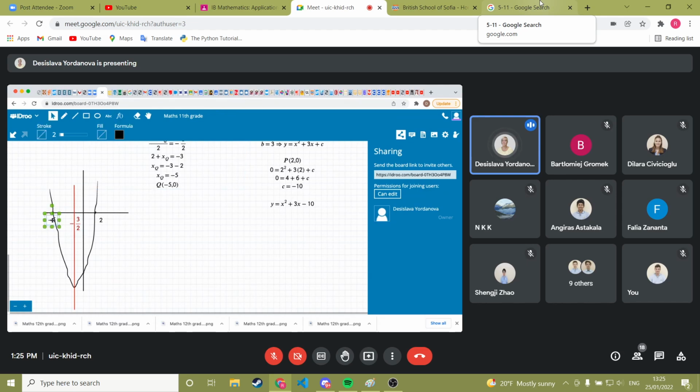So you should put -5 on the first intercept, 2 on the second intercept, and -3/2 on the axis. Actually, you can put it here and write that it's x equals -3/2. What else can we do? Yeah, the -12.25 there.